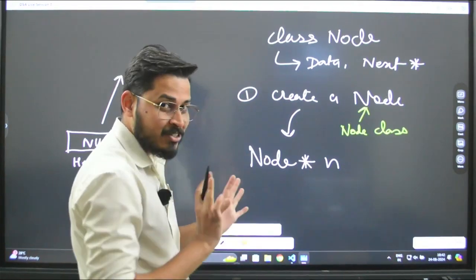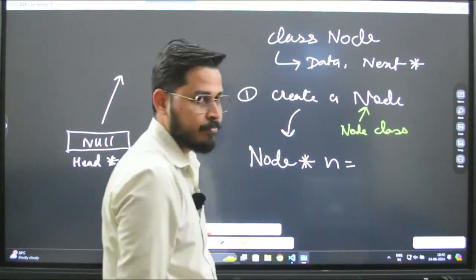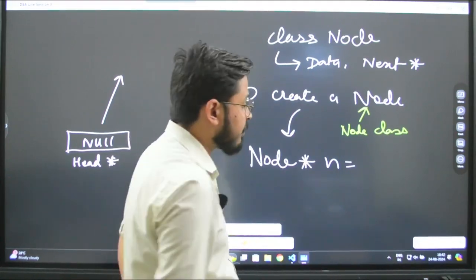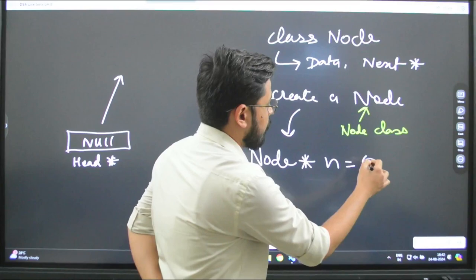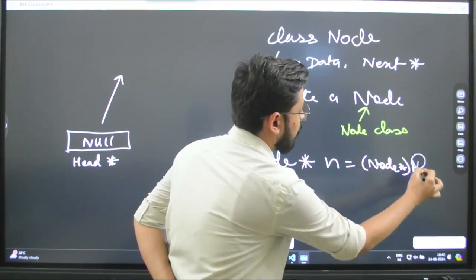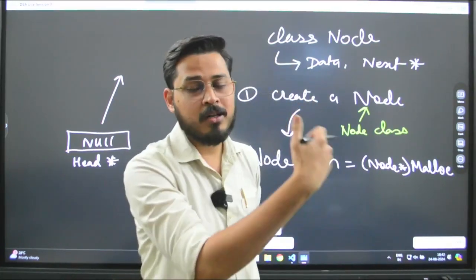Now the story doesn't end here. You will say equals, and if this was C programming, you would have written node star of malloc of size of and all that blah blah.